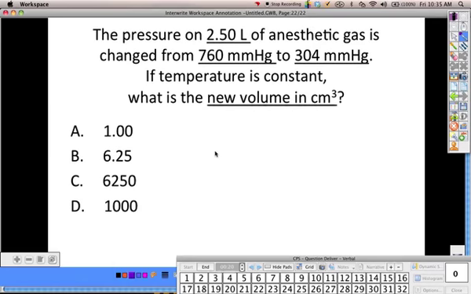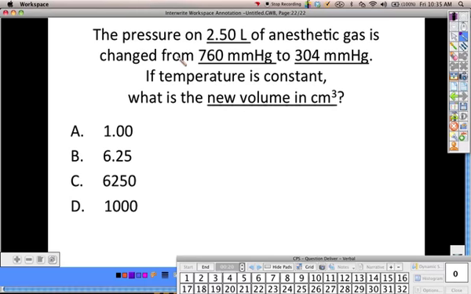The pressure on 2.50 liters of anesthetic gas is changed from 760 millimeters of mercury to 304 millimeters of mercury, and I'm going to keep temperature constant. I want to know what my new volume is going to be. I'm not going to use my first two equations, dealing with just volumes or volume and moles.